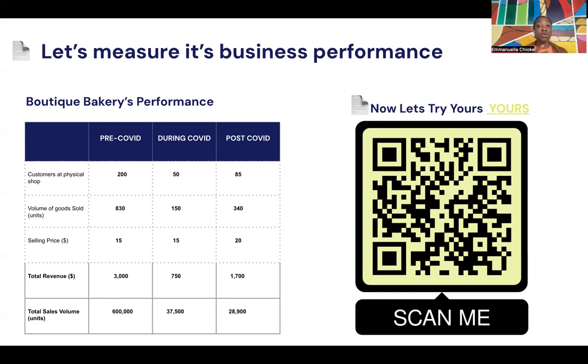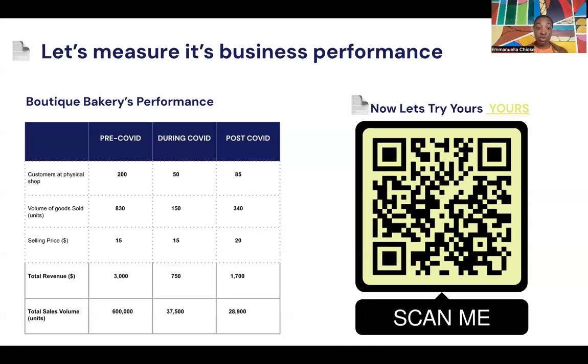Let's look at their performance during COVID, where they didn't have as many people coming into the shop, and they didn't have any other channel to help retain some of those customers they were going to lose because they couldn't come into the shop anymore, right? During COVID, the number of customers coming into the physical shop went down to 50 from 200.